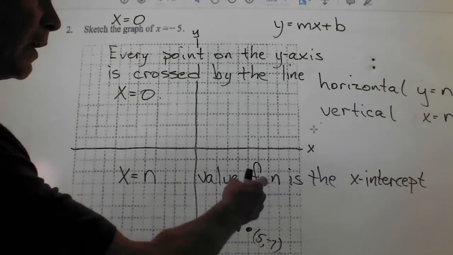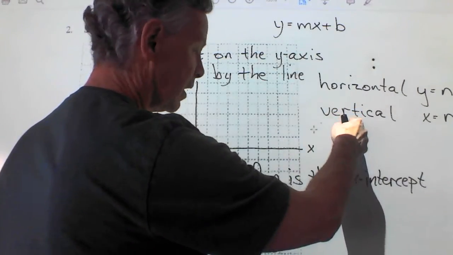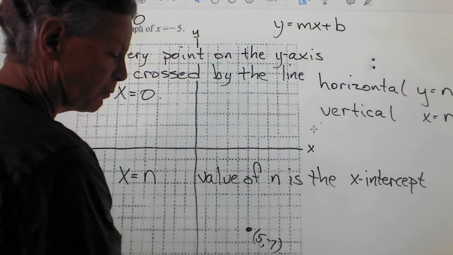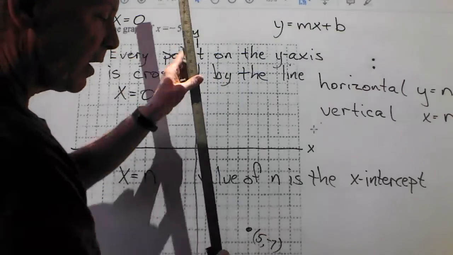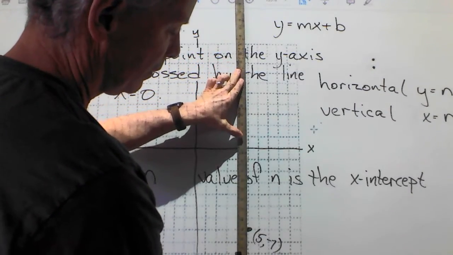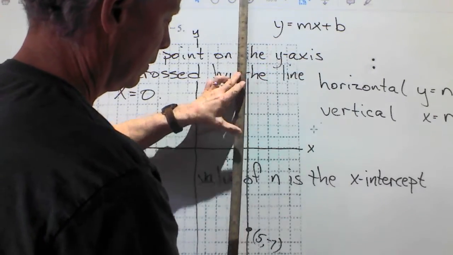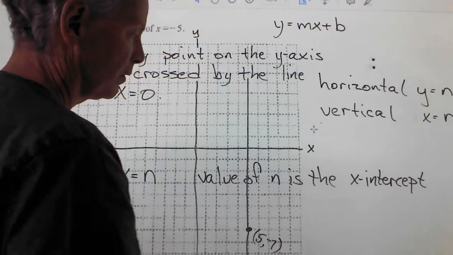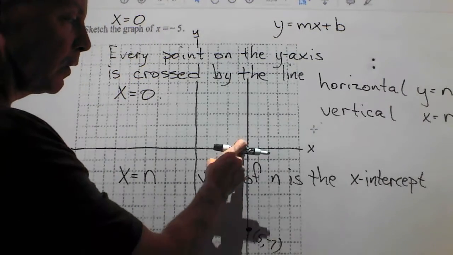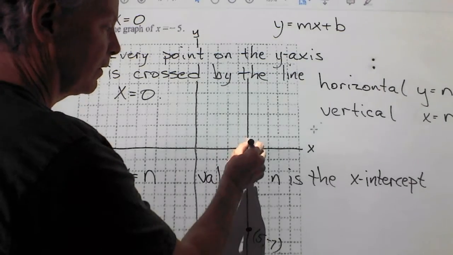Well, we've already established, since it has x as its variable, it's a vertical line. It passes through this point. So by drawing it, it has to be vertical, it has to pass through this point. That means it's got to look like this. In other words, where does it cross the x-axis? Right there at 5.